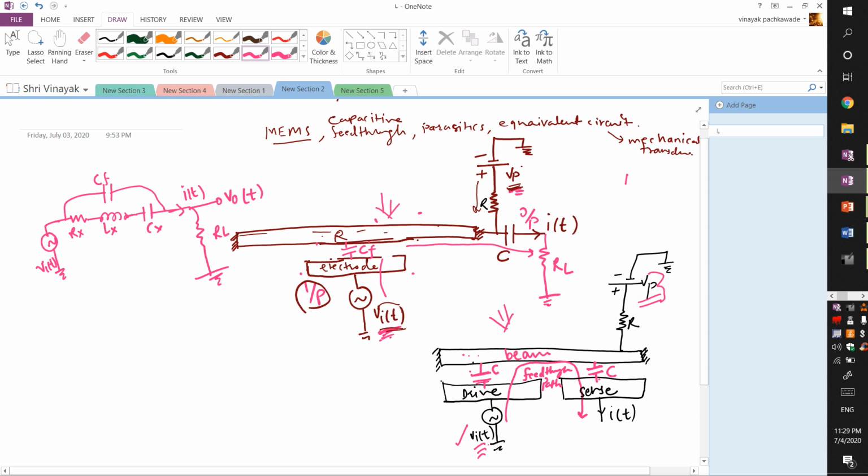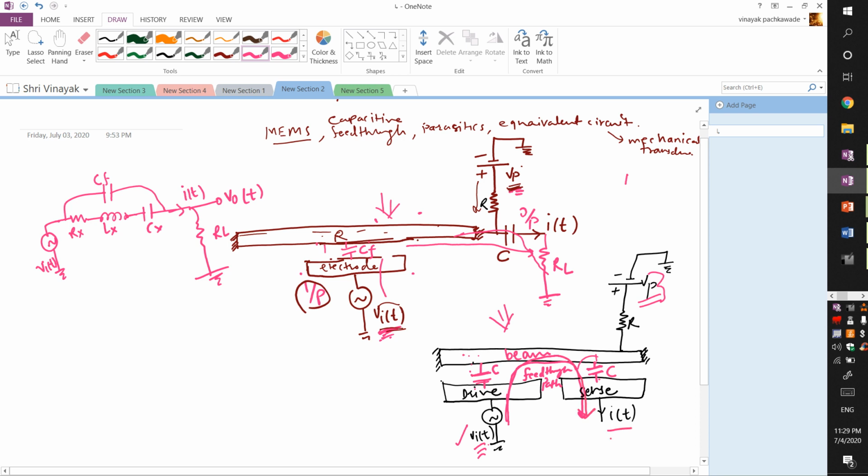In the previous case we are taking the output from the beam itself, so across this single capacitance gap we are actuating the transducer and sensing the output signal. But in this situation we are driving it across one capacitive gap, and we are sensing it across another capacitive gap, and the feed through path from input to output is like this.